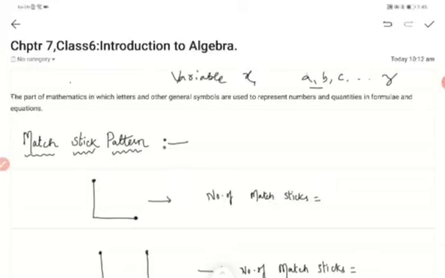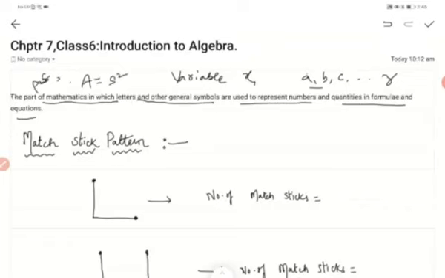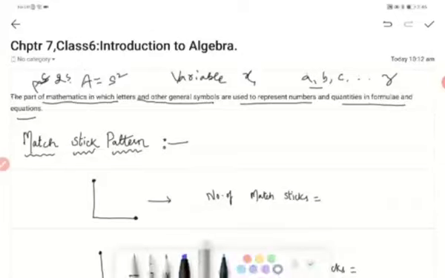Remember, algebra is a part of mathematics in which letters and other general symbols are used to represent numbers and quantities in formulas and equations. So you have formulas like the area of a square: if the side is s, the area of the square is s square. Perimeter of the square is 4s, right? All these formulas are part of algebra because you have letters in them.